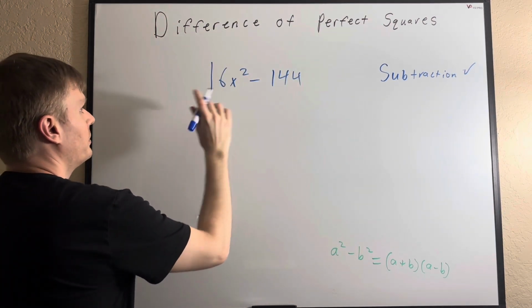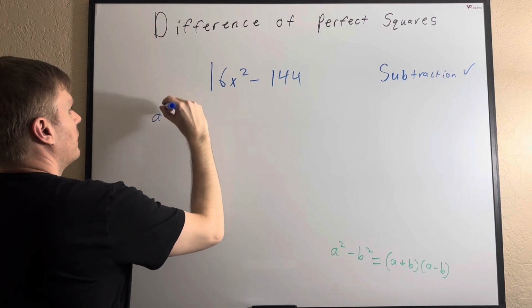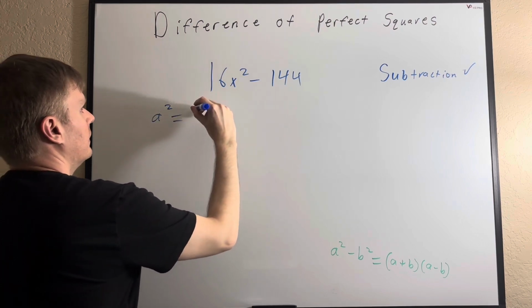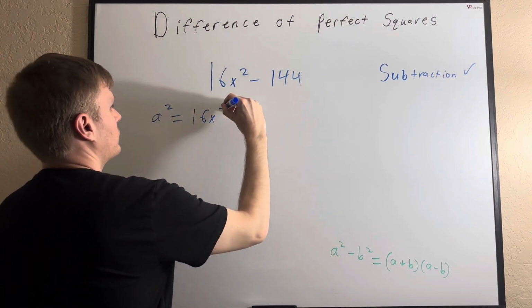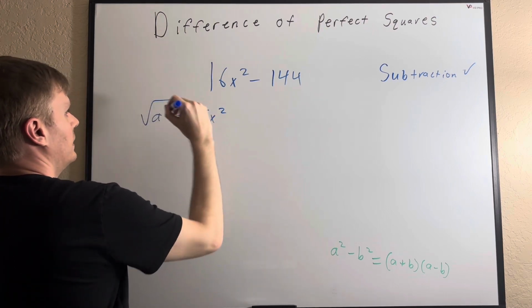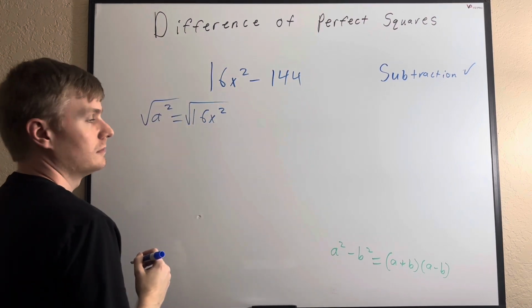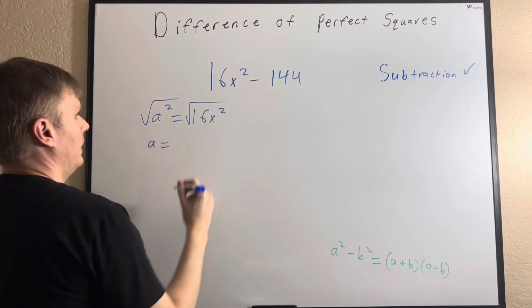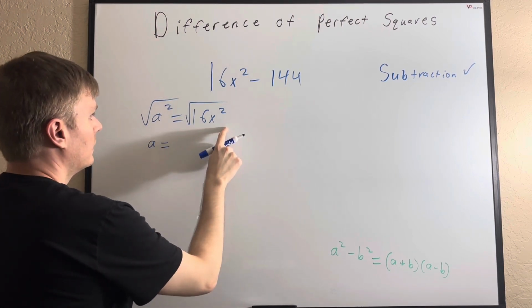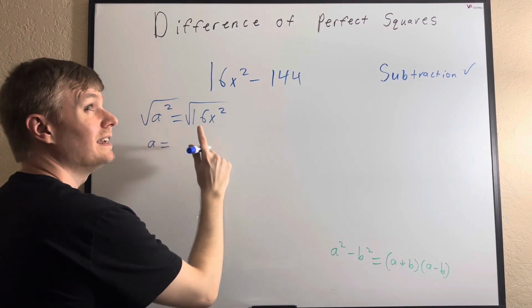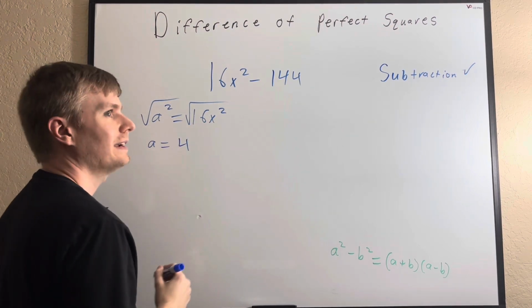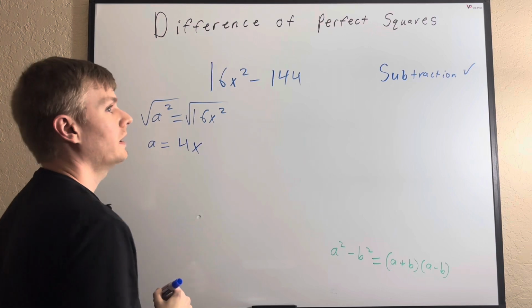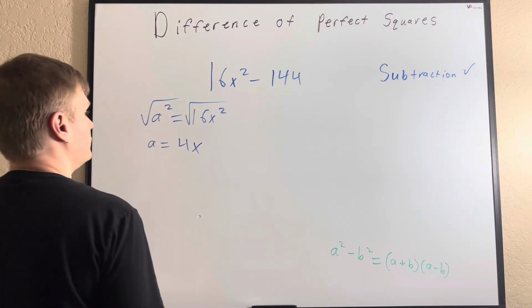So a squared is 16x squared, right? Take the square root of both sides, because we're solving for a, right? So a is the square root of 16, which is 4, and the square root of x squared is x.